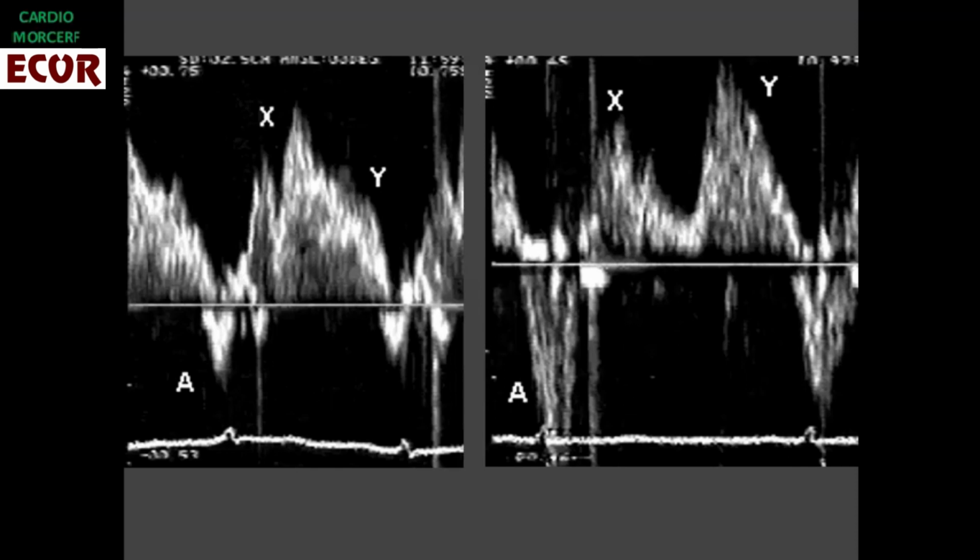Here is an example. In a normal left ventricular diastolic function, the reverse A wave is of short duration, while in a patient with diastolic type 3 dysfunction, the A reverse has a high amplitude and duration, besides an X wave lower than the Y wave.